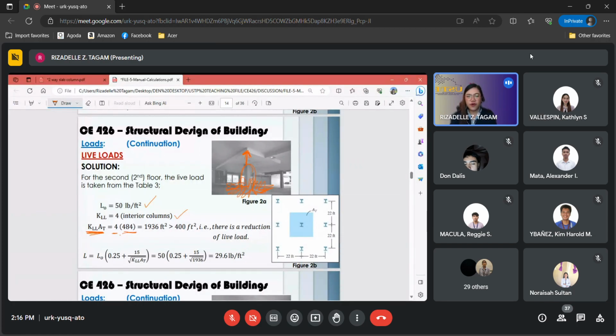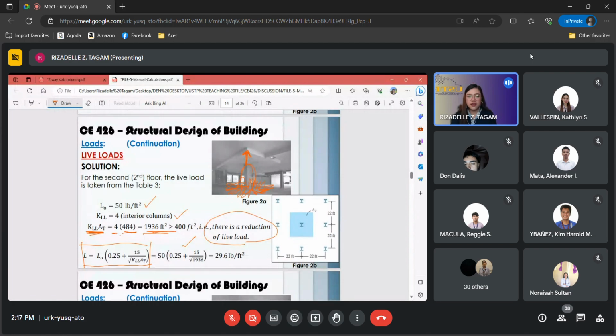4 times 484 is 1,936 square feet, and that is greater than 400. 400 is the basis. Therefore, there is a reduction of live load. We can now reduce the live load. We will now use the equation L equals L_O multiplied by 0.25 plus 15 over the square root of K_LL times the tributary area.